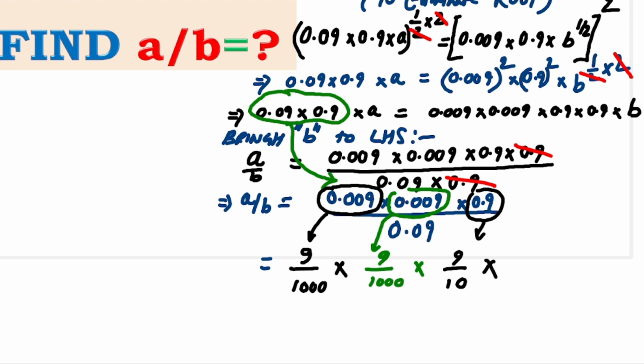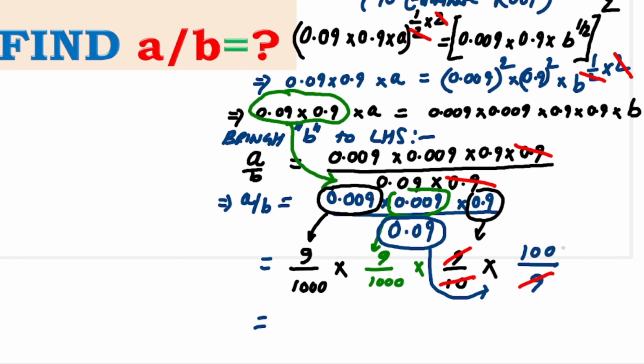And in the denominator, there is only one number, 0.09, right? We have highlighted it in blue and circled it. So this 0.09 will be in the denominator. It will come as 9 by 100, and since the denominator becomes the numerator, 100 will come into the numerator, and in the denominator only 9 will be left.